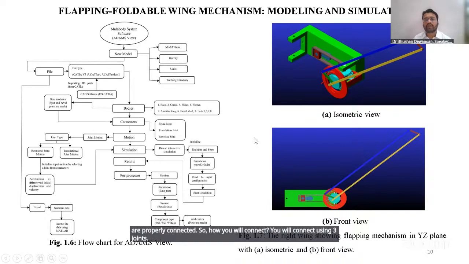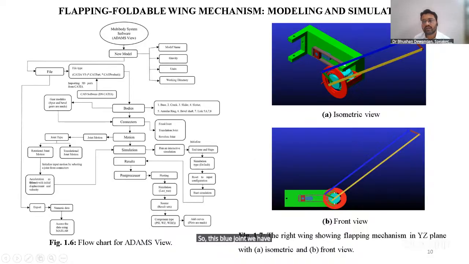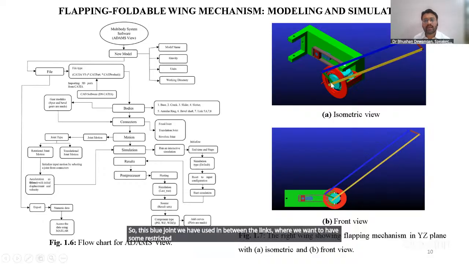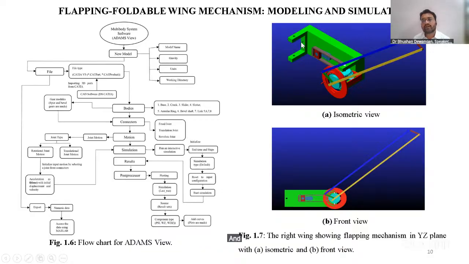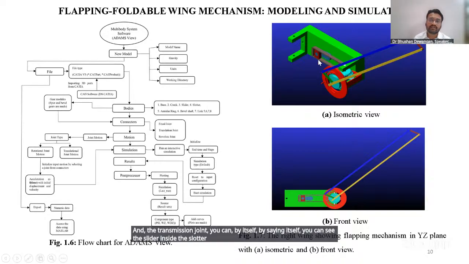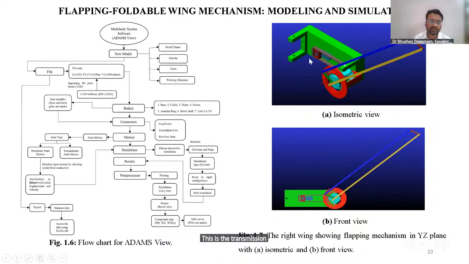Okay. So here we have used fixed joints, translation joints, and revolute joints. The revolute joint is used between the links where we want some restricted motion, and fixed joints like this base, which will be kept inside the fuselage. And for this translation joint, as the name itself says, you can see the slider inside the slotted lever. This is the translation joint you can obtain.